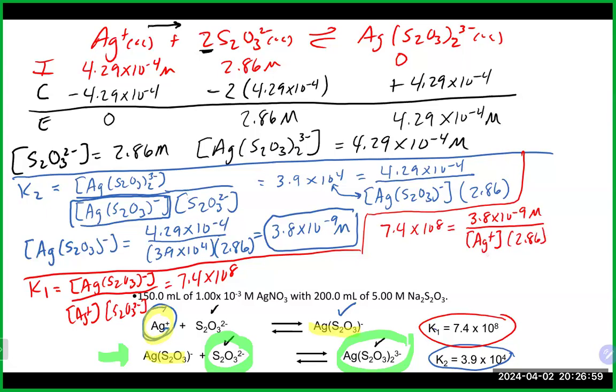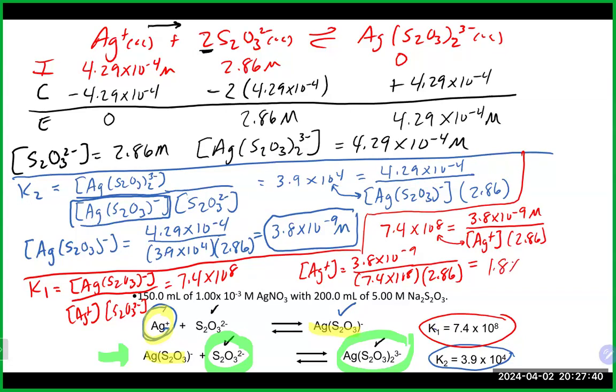2.86 molar. Once again, when you rearrange this, these two are going to switch places, and that will get us that the silver equals 3.8 times 10 to the minus 9, divided by 7.4 times 10 to the 8, and divided by 2.86.